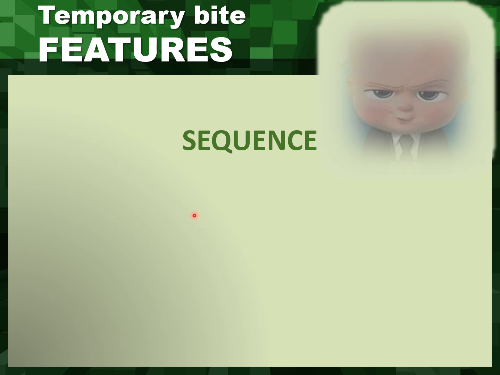Then erupts the second lateral incisor. Then tooth number 4, the first temporary molar, then the temporary canine, then the second temporary molar.